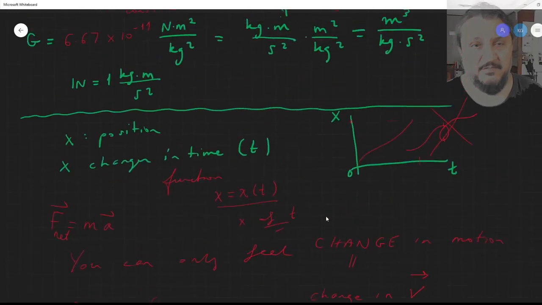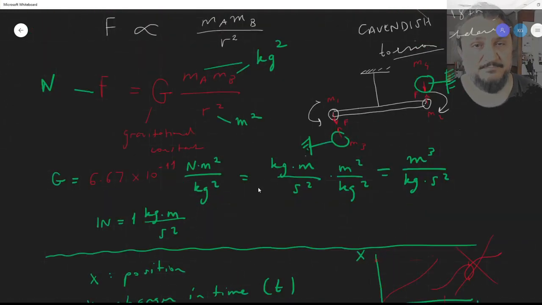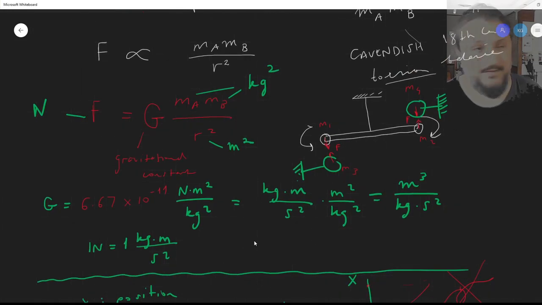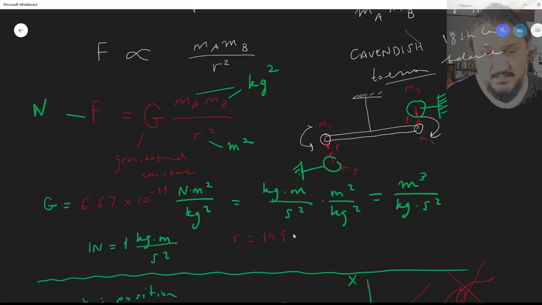So we covered the law of gravity here. Okay, I can give you a homework. Find the force of gravity between Earth and the Sun. The distance between Earth and the Sun is 149 million kilometers.